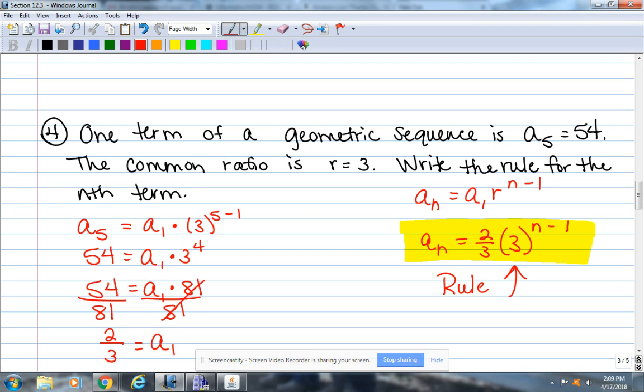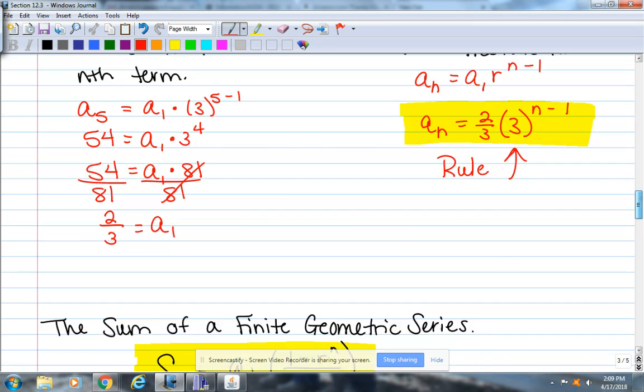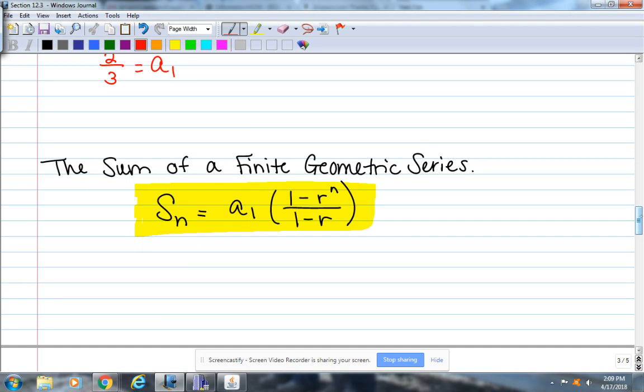All right. So now y'all remember how we did summations yesterday for a finite arithmetic series? Well, the last thing we have to do is a summation for a finite geometric series. And it has its own formula for this as well. So write down this formula.